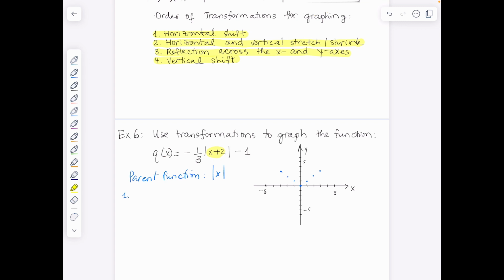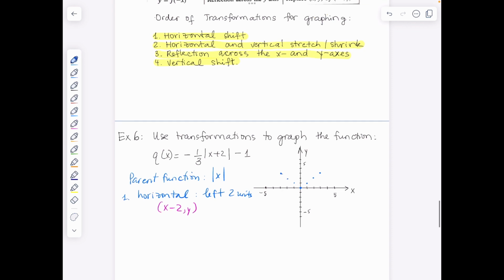So there is a horizontal shift, and that is shifting left by 2 units. x plus 2 means shifting left 2 units. When you transform, you will keep the y variable the same, and as for the x variable, you are going to subtract 2 from it.